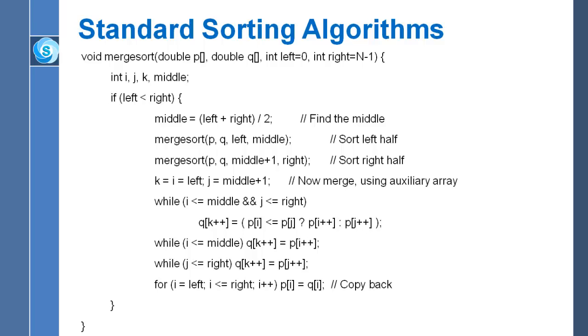If left was bigger than right, we don't want Mergesort to do anything in that case. And then the critical case, because we actually will have to worry about this possibility: what happens if left is equal to right? Okay? Well, in that case, you're asking Mergesort to sort a subarray of length 1, and clearly a subarray of length 1 is already sorted, so there's no work to be done in that case either.